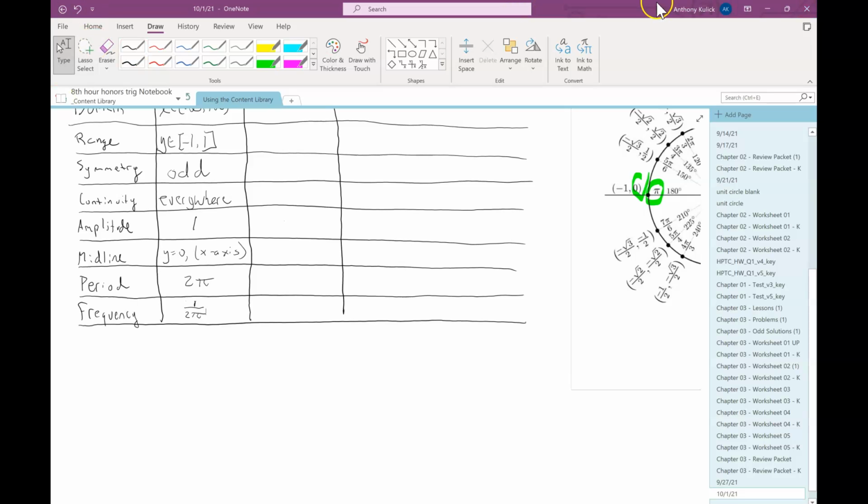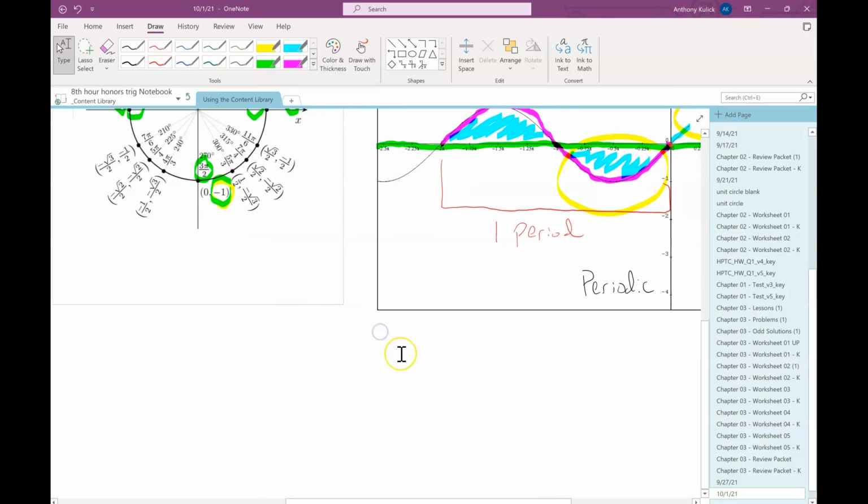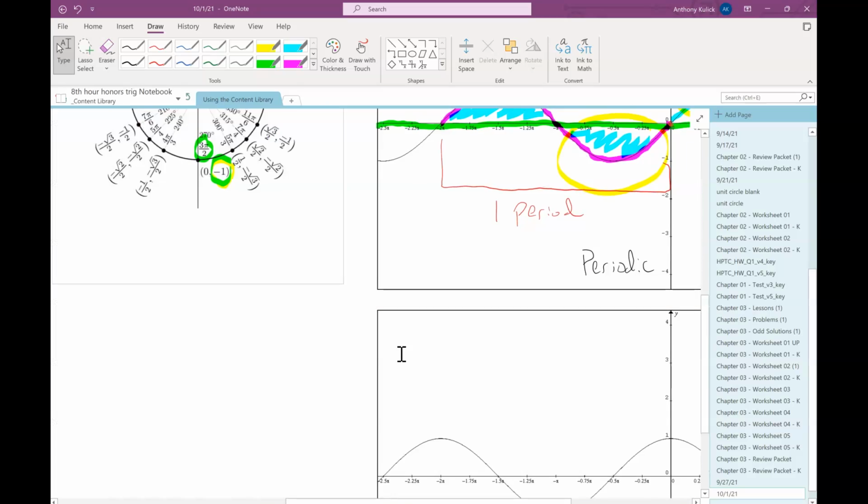Let's look at the graph of cosine. Drop that in here real quick. Maybe I should label this one as sine also.